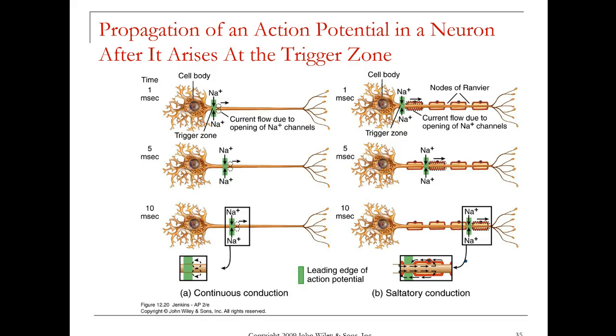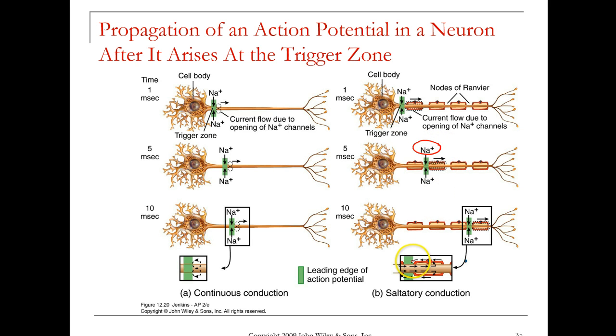So here's the example of our two different forms of the action potential. The first one, A, is continuous conduction. So you can see that step by step, every single portion of that axon experiences an action potential. But over on the second side, in saltatory conduction, you only have sodium coming in at the nodes of Ranvier.